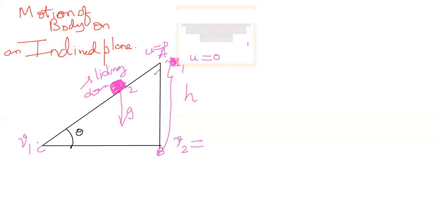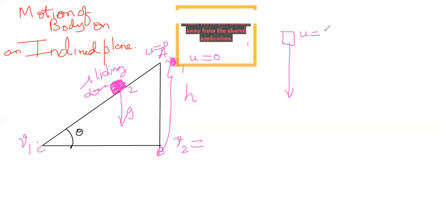Let us consider body 1, which is freely falling from a height h, with initial velocity u. Then it reaches the ground with a velocity v2. So what could be the formula? If v2 is confusing, I will better write vd, meaning direct, and v sliding.